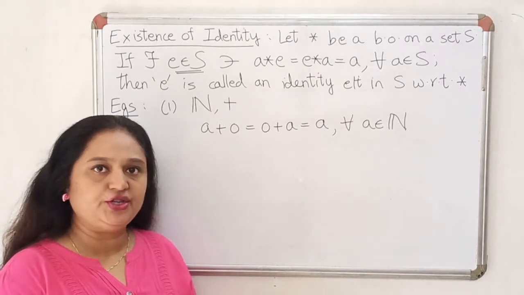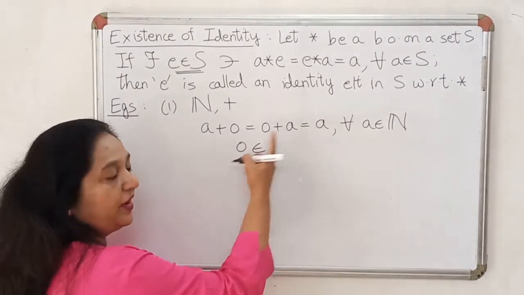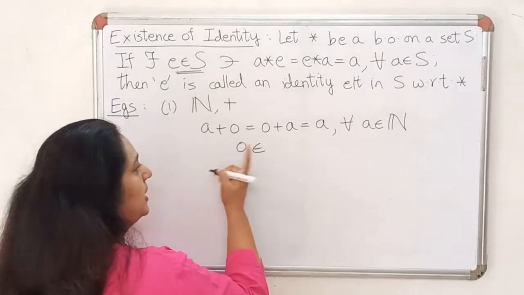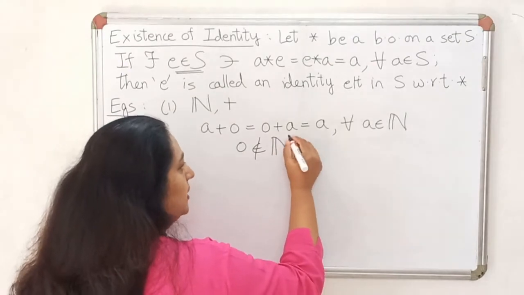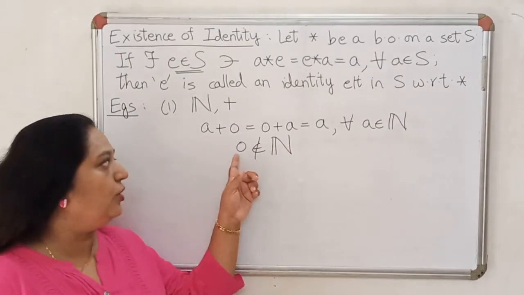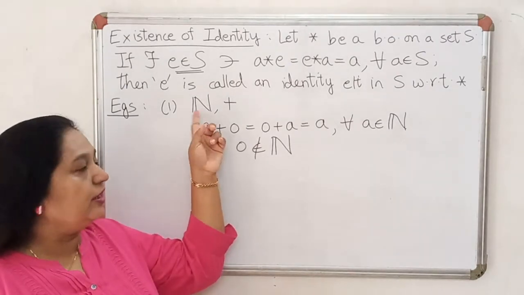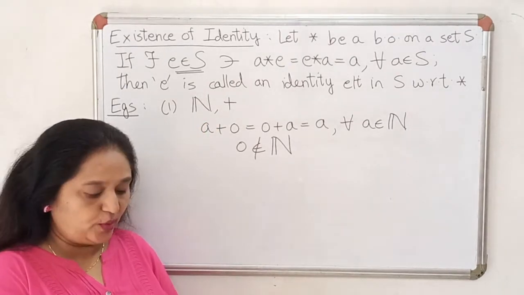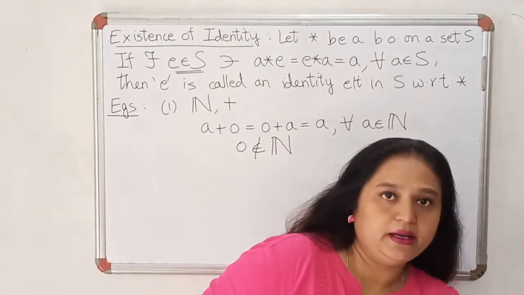However, there is a catch here. The element 0, though it satisfies all our requirements, is falling short of just one, and that is a crucial one. 0 is not an element of N. So the set of natural numbers with respect to addition as such does not have an identity.